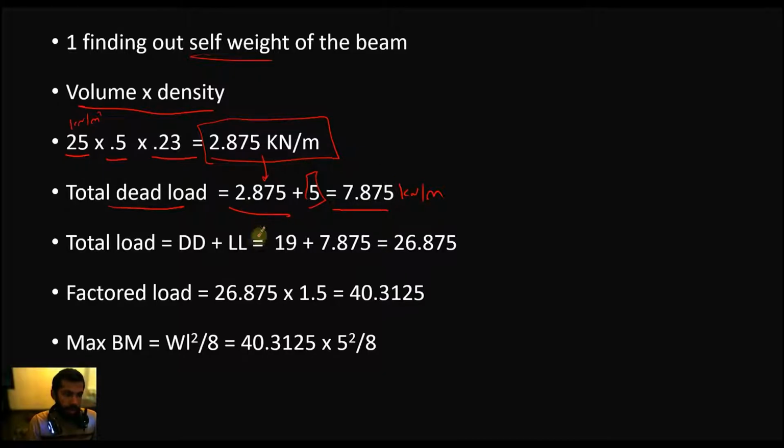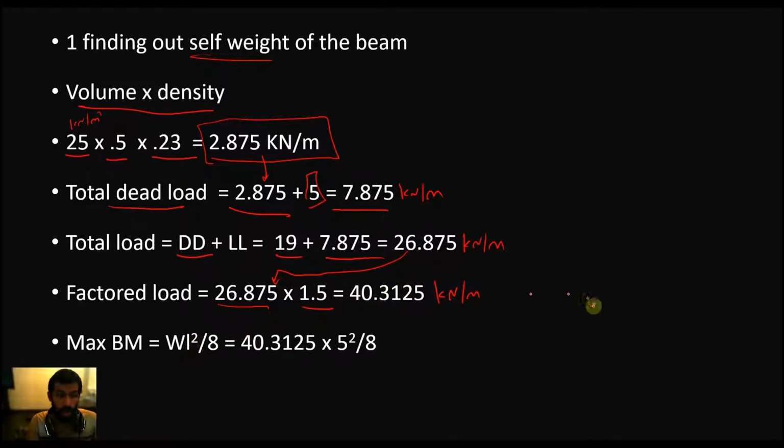To find the total load, we need to add the dead and live loads, whatever the live load given in the problem is. This comes to be 26 kilonewton per meter, and the factored load is the load we received above multiplied by the factor of safety, which comes to be 40.31 kilonewton per meter.